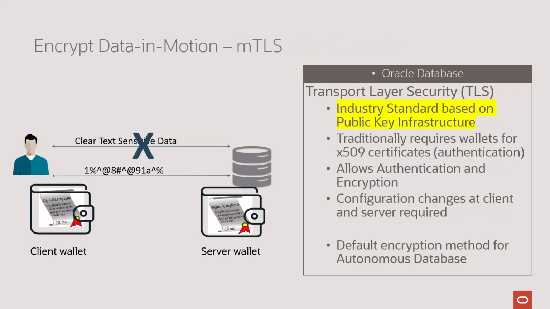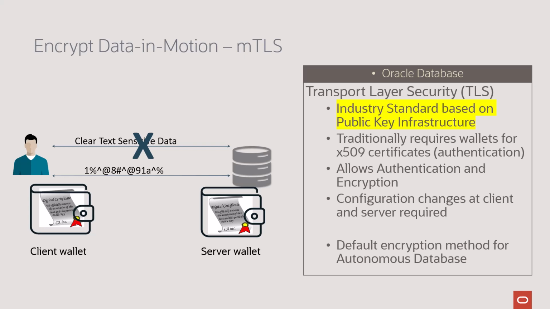However, the second possibility is to use TLS. And this gives you a few advantages. One advantage is that it is more aligned with industry standards, using public key infrastructure technologies. It also provides, besides encryption, a stronger way of authenticating both server and client to each other.